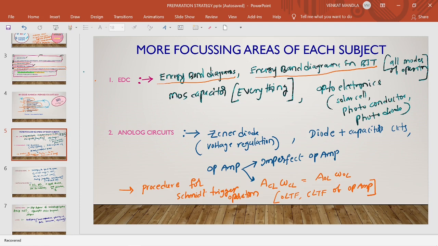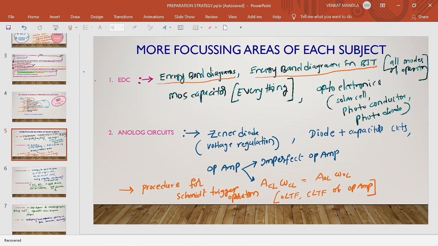You have to draw graphs for those also. Where people are not focusing during preparation, from there the questions are coming. That is the observation I made.